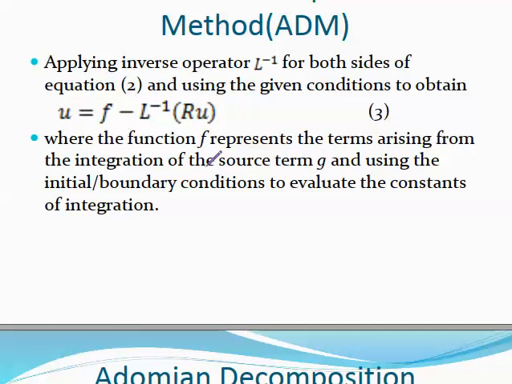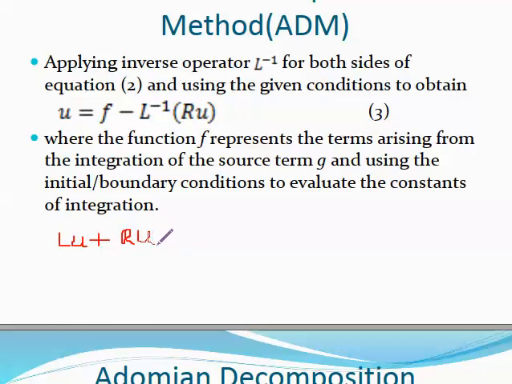To answer this question, we need to apply the invertible operator on the general form of the equation. This was exactly the previous form: Lu + Ru = g, where g is the source term.